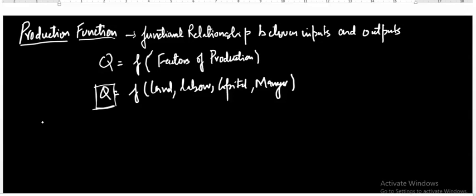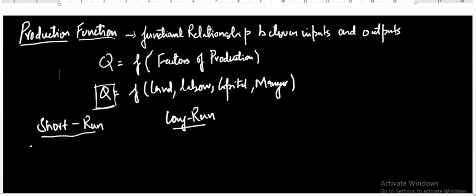Now normally we study the production function in the two contexts. One is short run and another one is long run. Now short run is that period that is very short for a firm, in which the firm cannot install a new machinery or new equipment to increase the production.